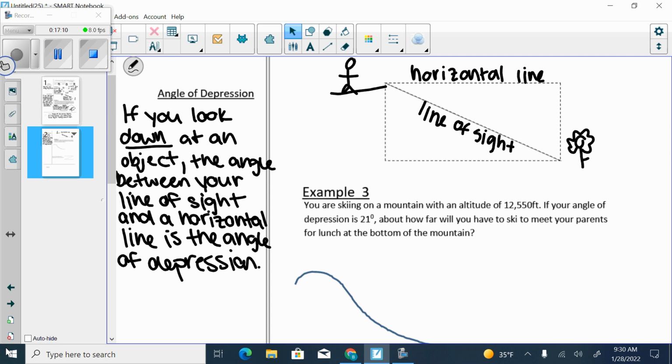Like it actually exists. This line may not technically exist, it's just a reference point so that you can still have that 90-degree angle. Okay. All right, so it is the angle formed by that horizontal line and your line of sight, which would be right in here. So there is our angle of depression.